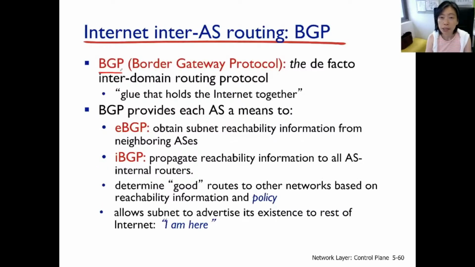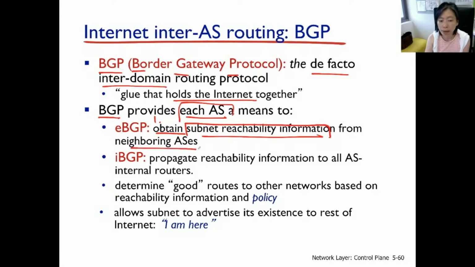BGP stands for Border Gateway Protocol. And once again, it is the one and only inter-AS routing protocol that's holding the internet backbone together. To be more precise, it allows each AS the following. First, it allows the gateway router of the AS to receive subnet reachability information from the neighboring ASs.